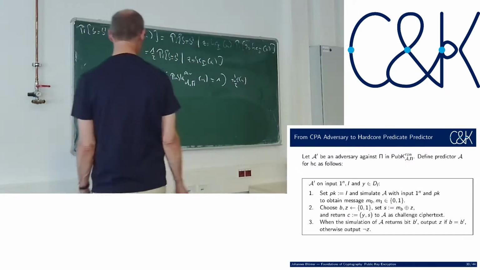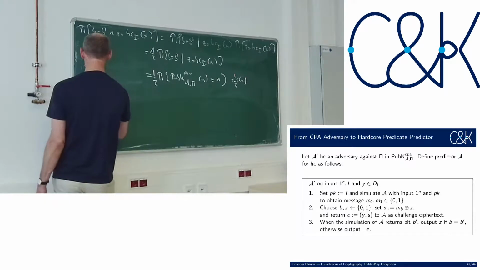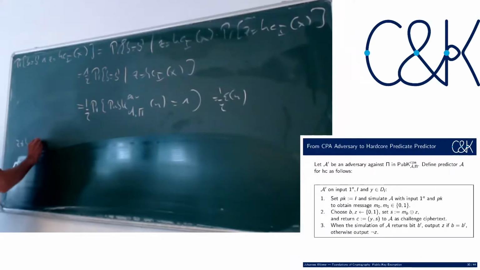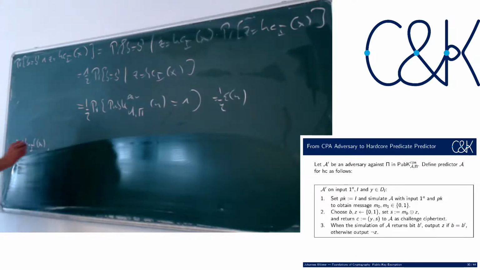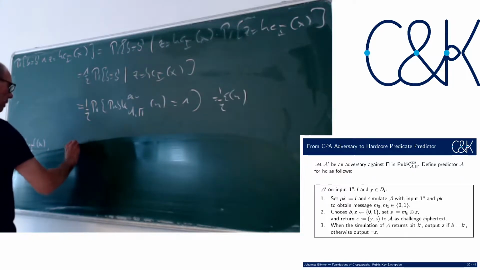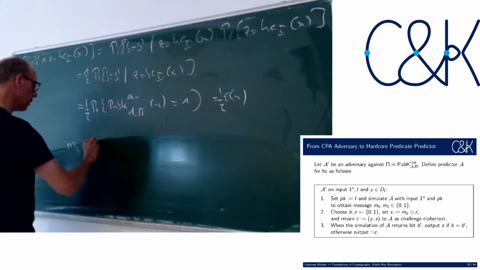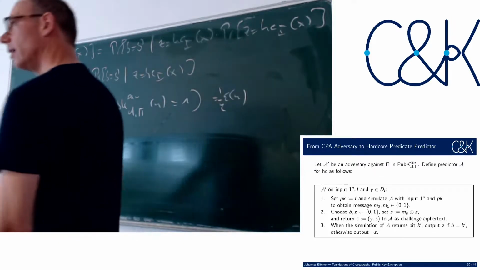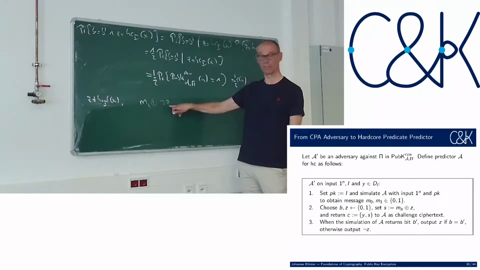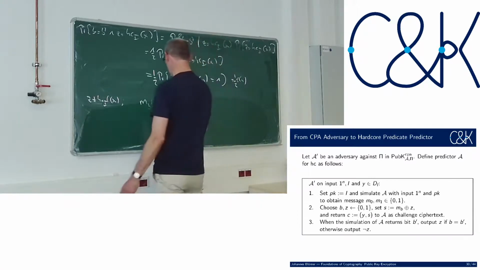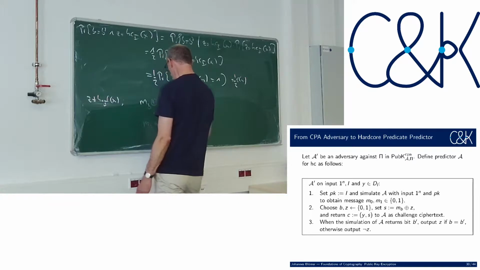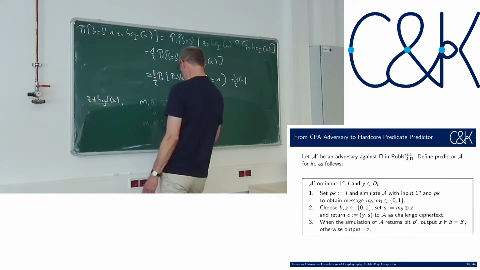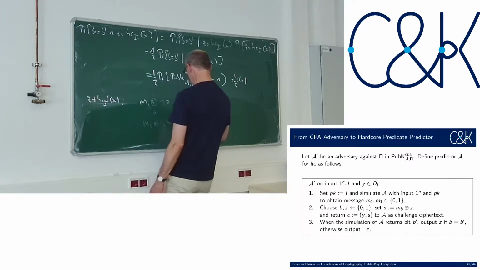Now we are in the case that Z is not equal to HCI of X. Now, if I look at this thing here, M_B XOR Z, this here is not HCI of X, right?